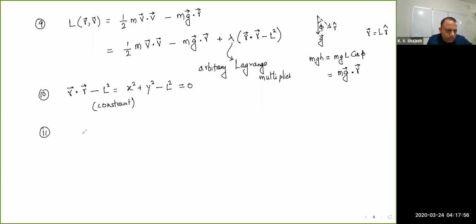So the momentum equation is dL by dv, in complete form, in the sense that the complete vector is in there. I'm not just working in the tangential direction. Both the radial and tangential direction are in there. That's equal to mass times velocity, since only one term has velocity in it.